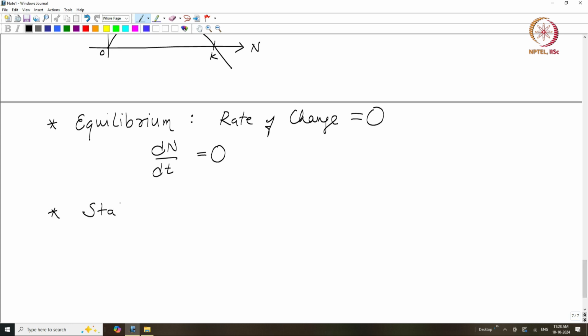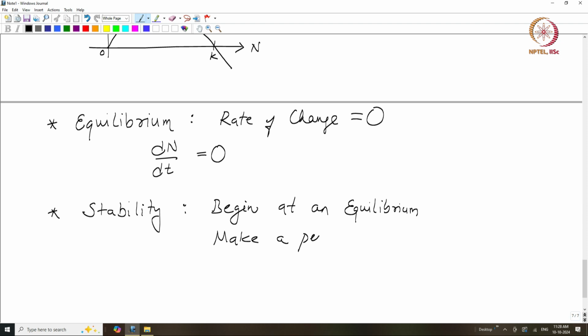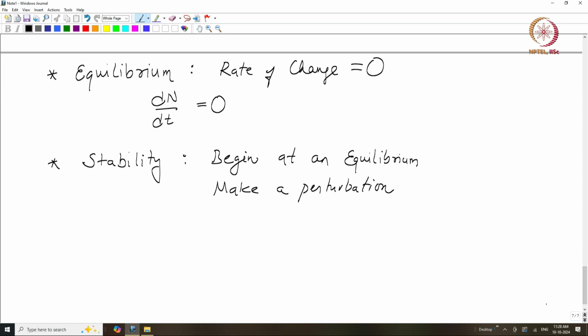The second concept is that of stability. So what is stability? The idea of stability is that let us say I begin at some equilibrium. If you are at an equilibrium nothing will happen because the rate of change is 0, but then make a perturbation. What do I mean by a perturbation? Maybe add a few more individuals to the population or kill a few individuals from the population.